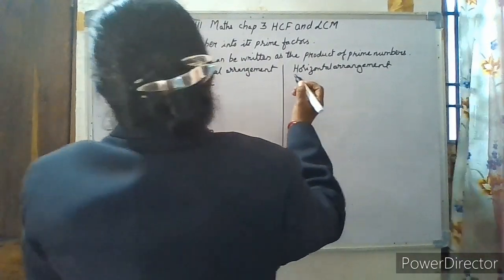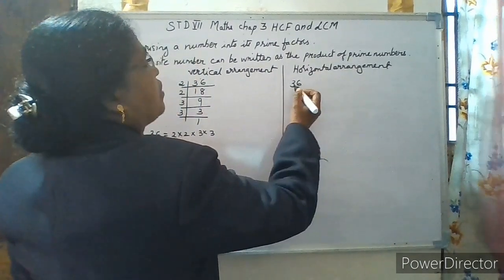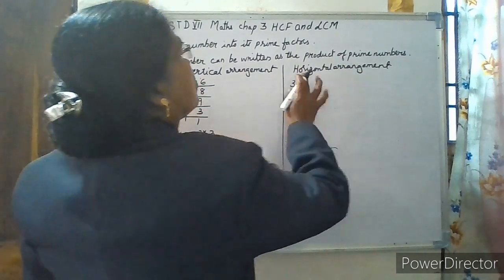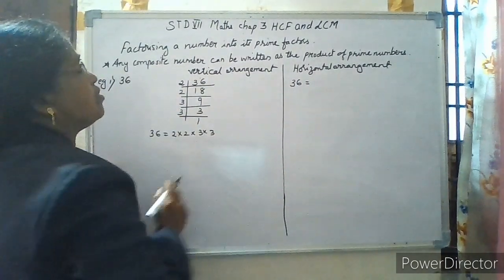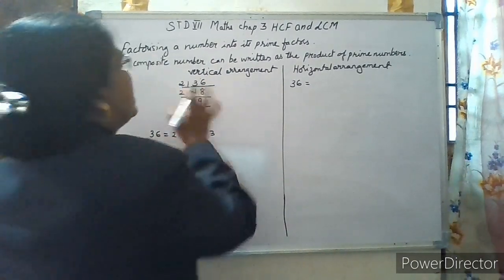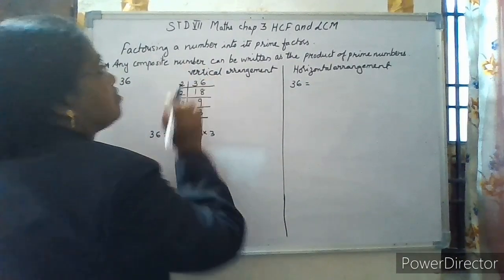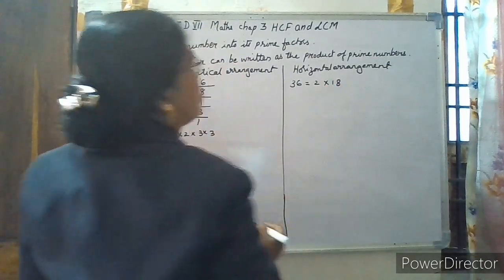Now, same question 36. We'll factorize this number 36 by the horizontal method. This is the vertical method. Now horizontally when we do, see, 2 18s, we already know 2 18s is 36.